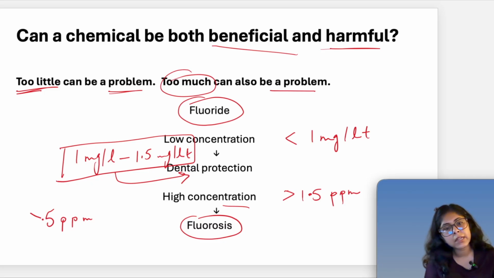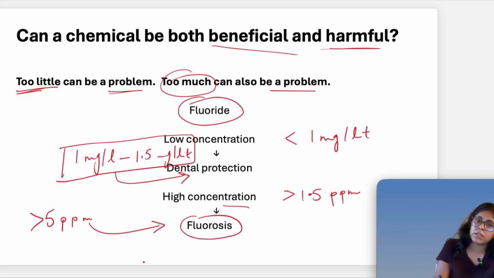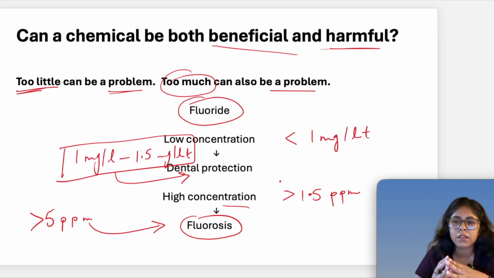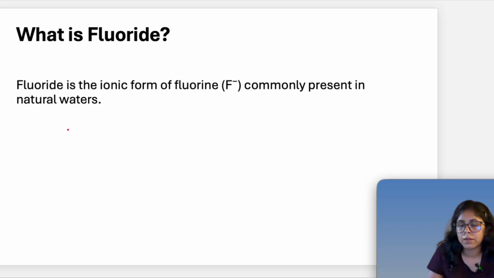If it goes beyond 5 ppm, then also we will be getting fluorosis. At high concentration, greater than 1.5, we will be seeing discoloration, but when the range becomes greater than 5 ppm, then we'll definitely get fluorosis. So this is what fluoride will create in low concentration and in high concentration.